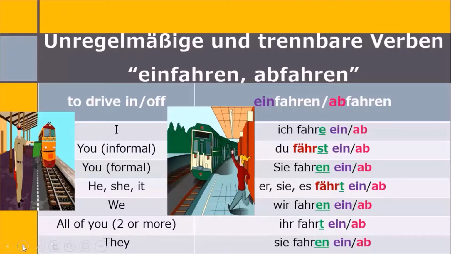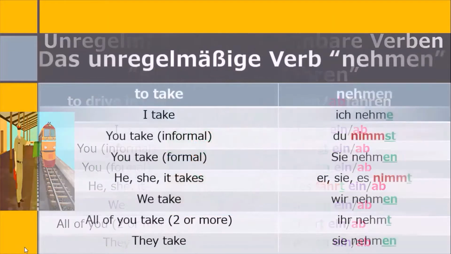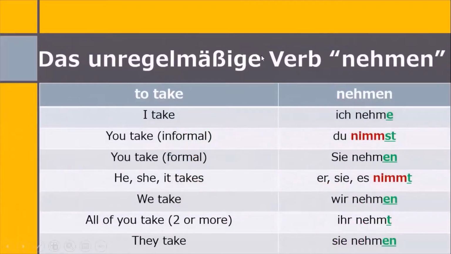And last of all is the verb nehmen, which is a simple irregular verb. It is not separable. It is just irregular. A verb which can be used not only with transportation but in other contexts also. To take in German is nehmen.